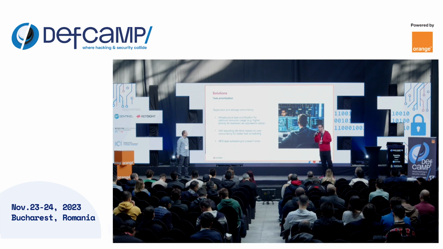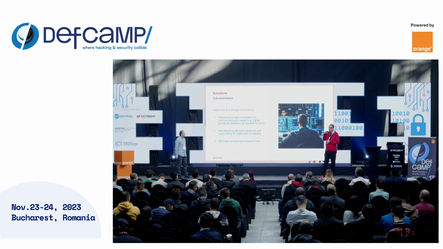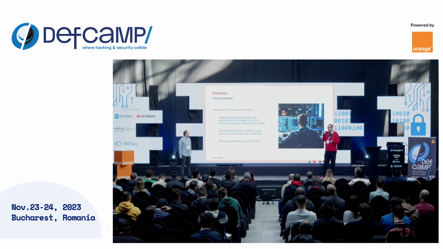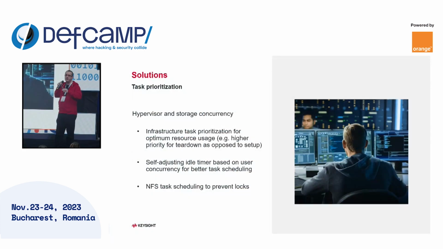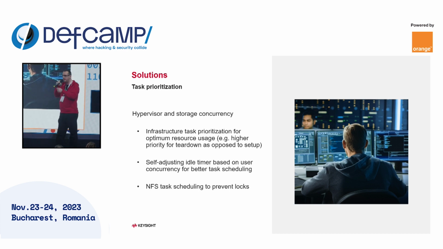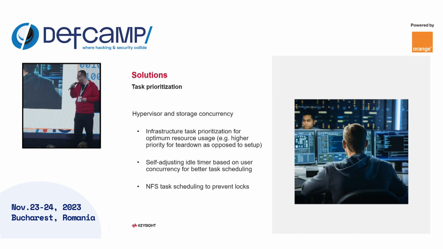Going back to Bogdan's parking lot analogy, you want to prioritize the cars exiting the fully loaded parking lot so that others can join in and park. These are tasks that are the least time consuming with the biggest benefit in terms of speed and usability. Bogdan devised an entire algorithm, so if you want to get into the gory details, you can find him at the stand next to the exit and ask him directly.